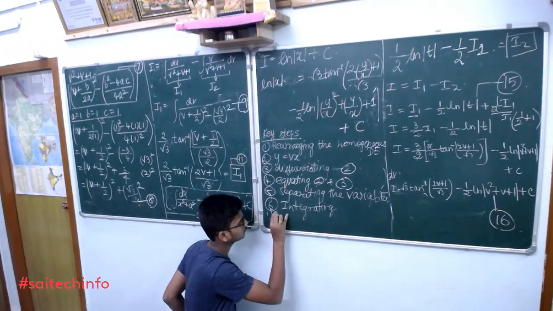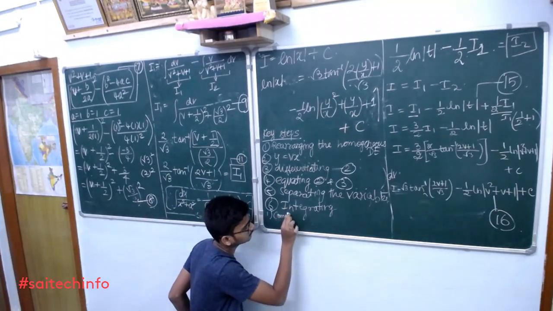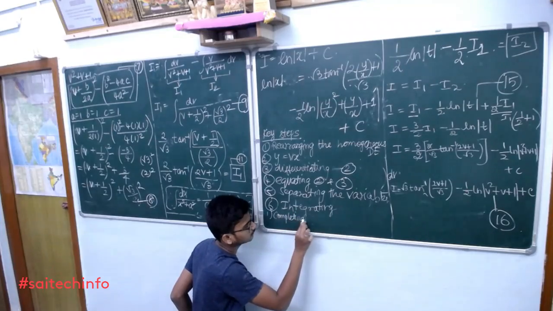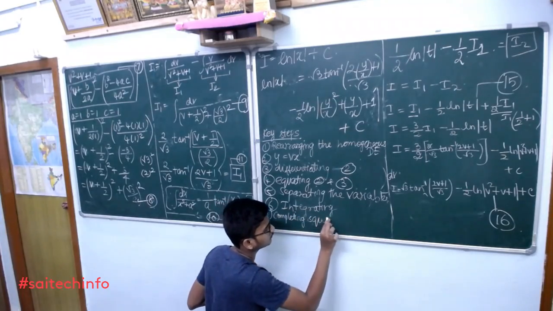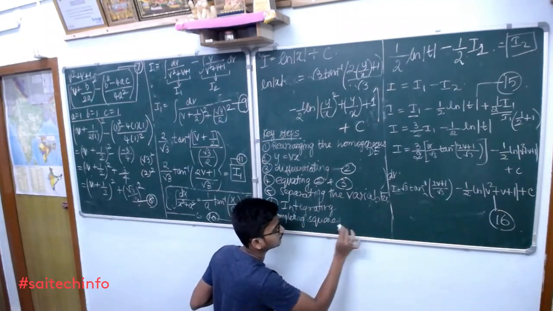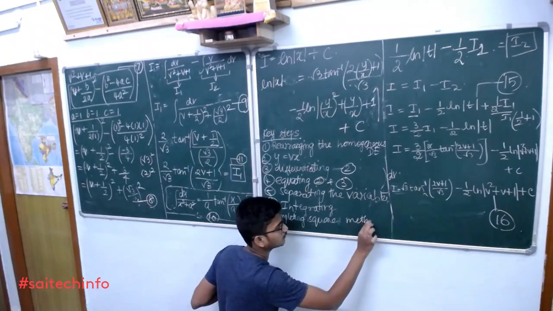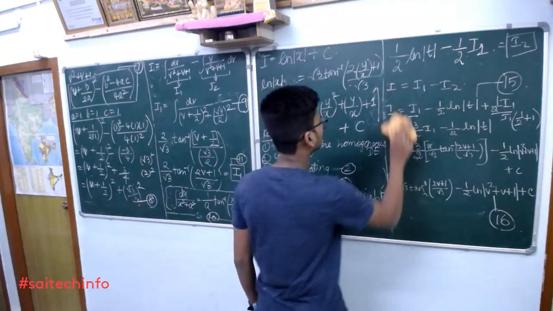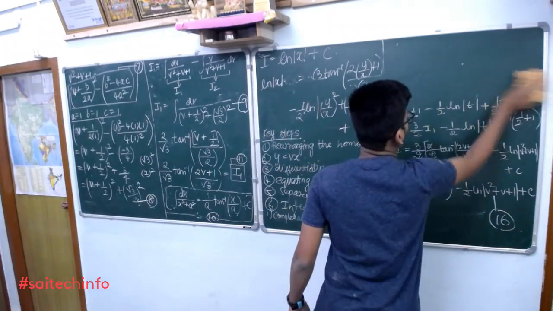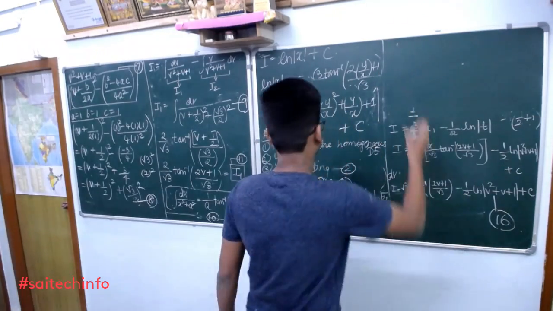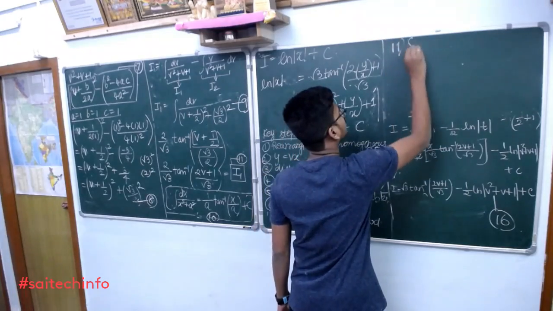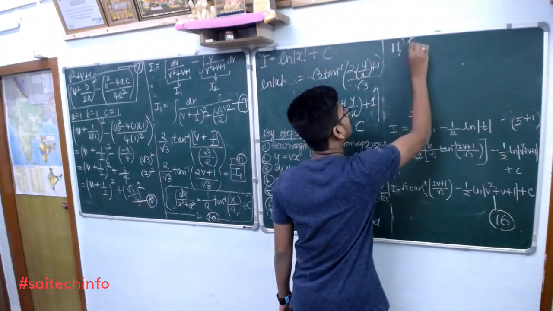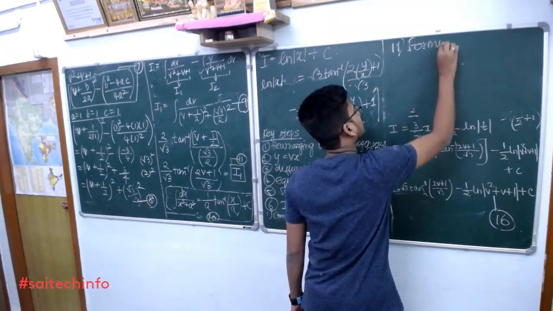Completing the square technique, then introducing the formula, that is integral dx by a square minus x square, and dx by x square plus a square.